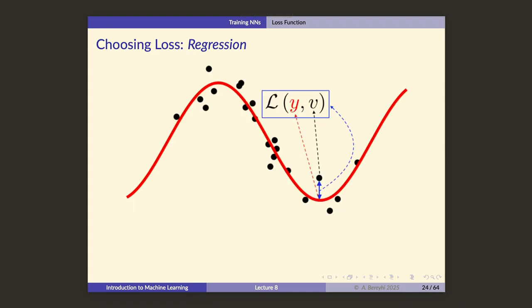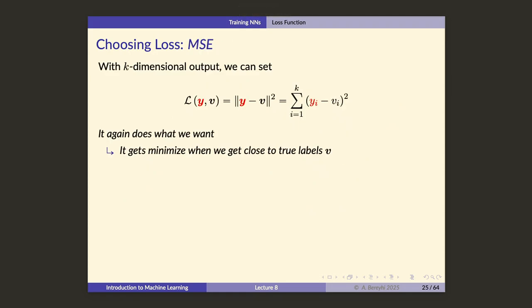So if I am looking at one single point, say that black dot is V, the label of my sample, so it's a real valued number, and now I have the output of my neural network, y, at that particular point, right? So if I set x, then y is going to be calculated by the neural network. I do know what is the true label, and now I want to know what is the difference between these two. So you can guess that in this case, you can simply compute it by putting any distance measure, right? And the best one that we usually use is to just use the difference squared, right? This was exactly the thing we used in linear regression as well, right?